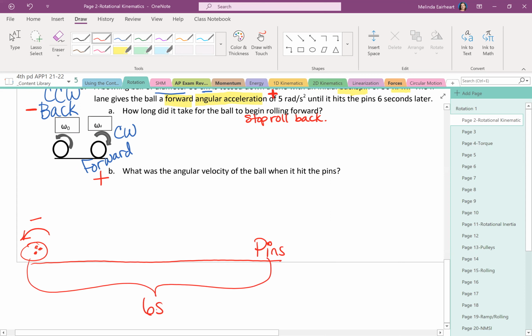When's it going to quit spinning backwards? Should we assume at 3 seconds, the middle? No, but we should know that it's going to be somewhere in between beginning and end. So I'm just going to put it right here. And this is where it comes to a split-second angular velocity of 0, just for the moment.